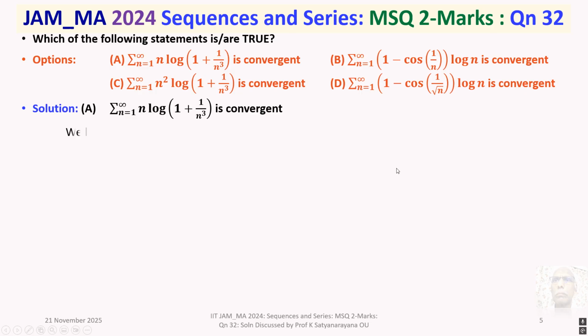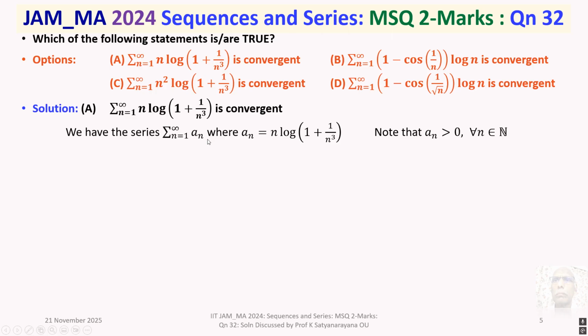Now, we have the series, we name it as sigma n equals 1 to infinity an, where an is n times log of (1 plus 1 by n cube). Now, note that for each n belonging to N, an is positive. That means the series sigma an is a series of positive terms.